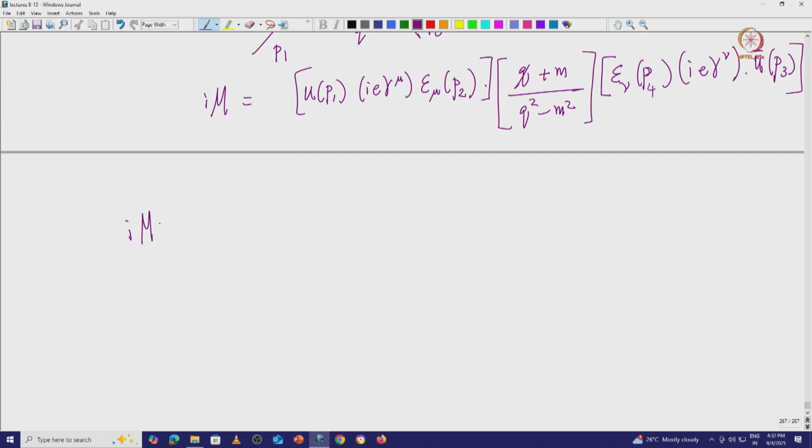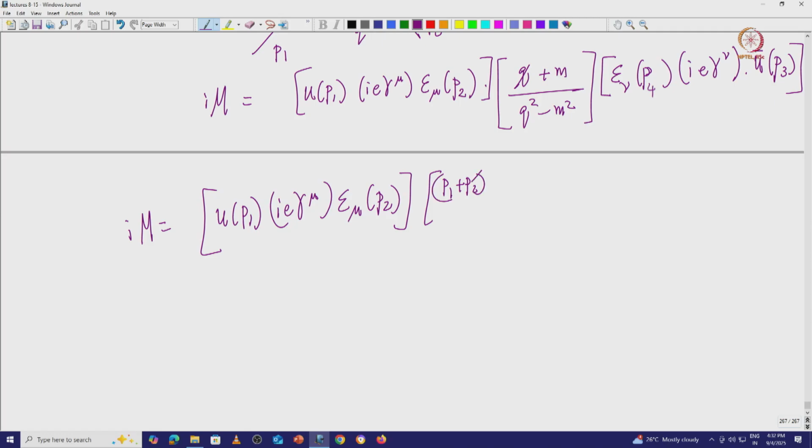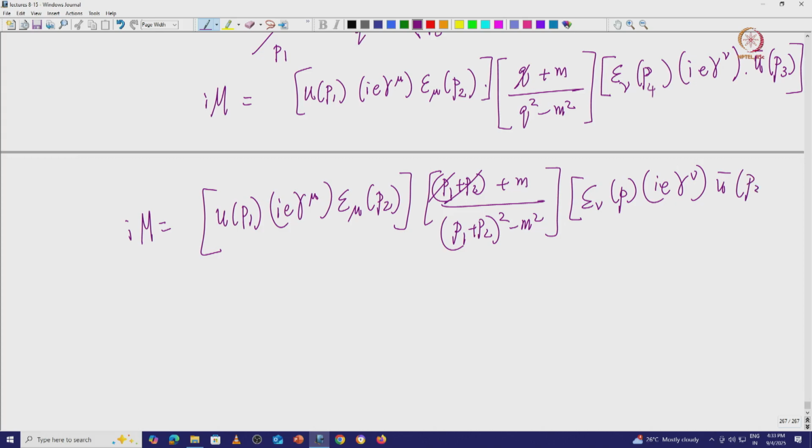So, i M is equal to u of P1 gamma mu, q slash is nothing but (P1 plus P2) slash plus m, by (P1 plus P2) square minus m square, epsilon mu of P. So, this is one essentially, this is the first diagram.